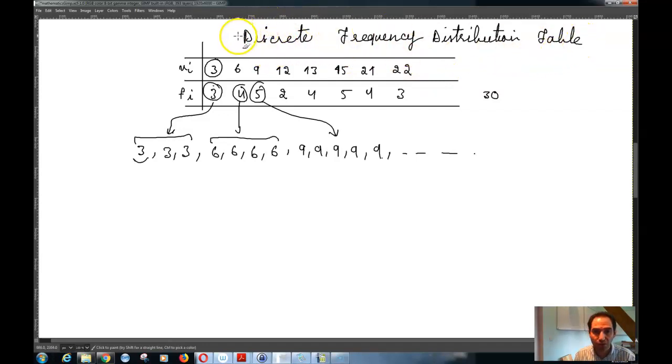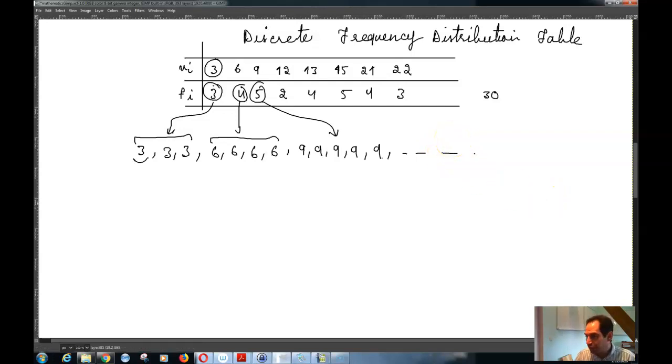All it means is that you have written down all the distinct observations individually, and then you have counted how many times each of them has occurred, and that count has become the frequency of each of those observations.